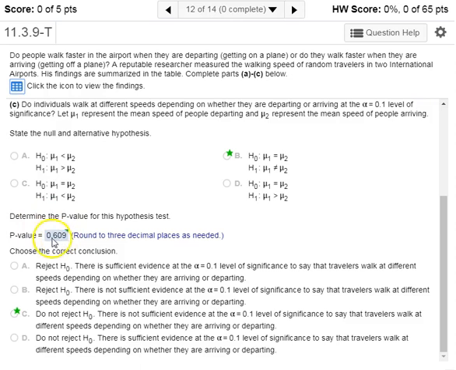And in this case, 0.609 is quite a bit larger than 0.1, so we do not reject the null, which means we can't assume the alternative is true. There's no reason for us to believe there's a difference in how fast people are walking compared to when they are arriving or when they depart from an airport.